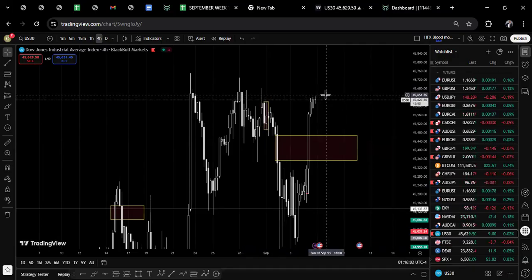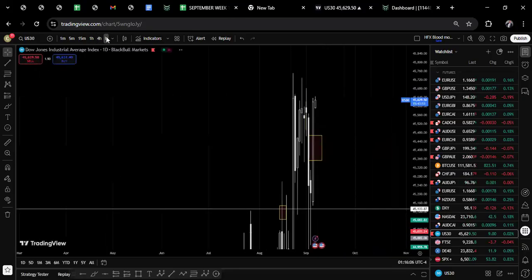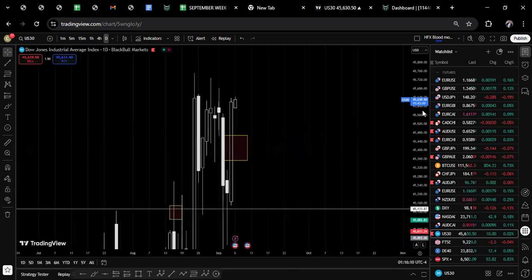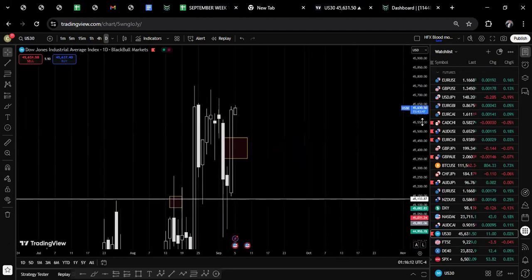So looking at the market now, what am I expecting for today for US stats? Am I expecting a possible sell or buy? Looking at it, I am seeing a wide imbalance here.